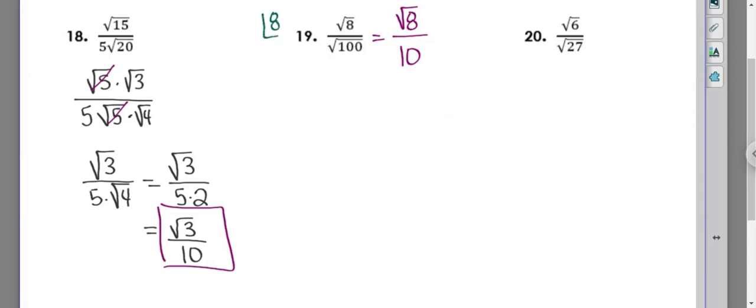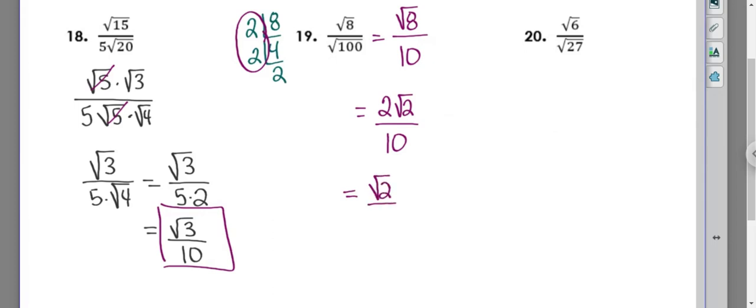So if we're looking at 8, divide that by 2. So I have a group of 2's with the 2 left under the radical over 10. So I've got this 2 over 10, which is 1 over 5.